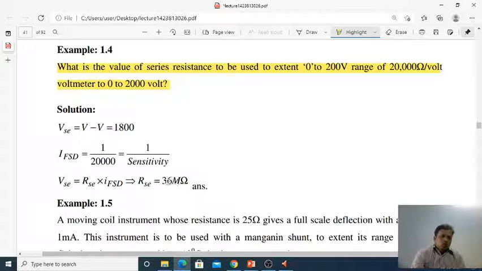So 36 mega ohms series resistance is to be used to extend the range of 200 volts to 2000 volts.